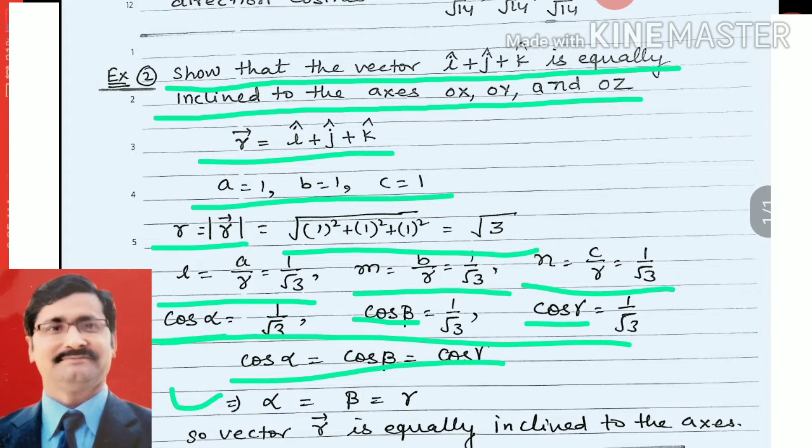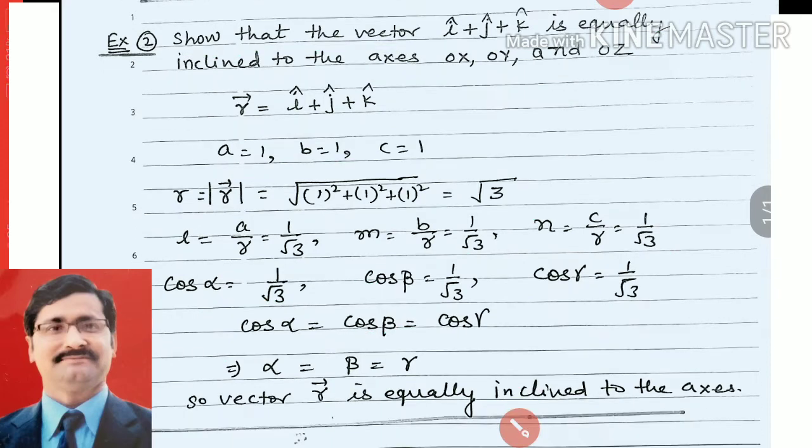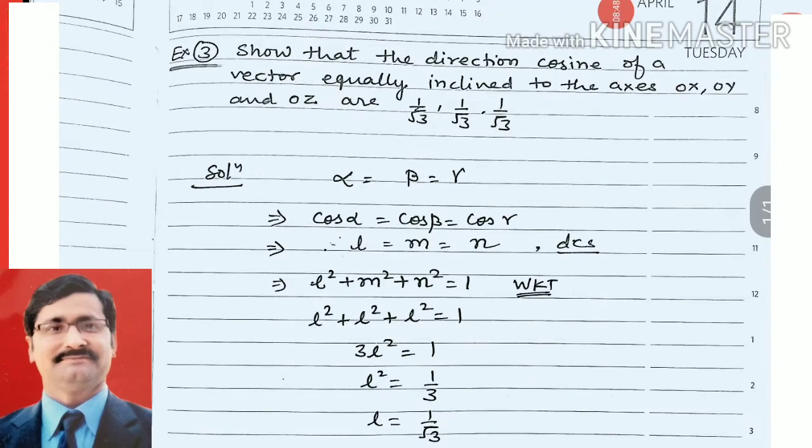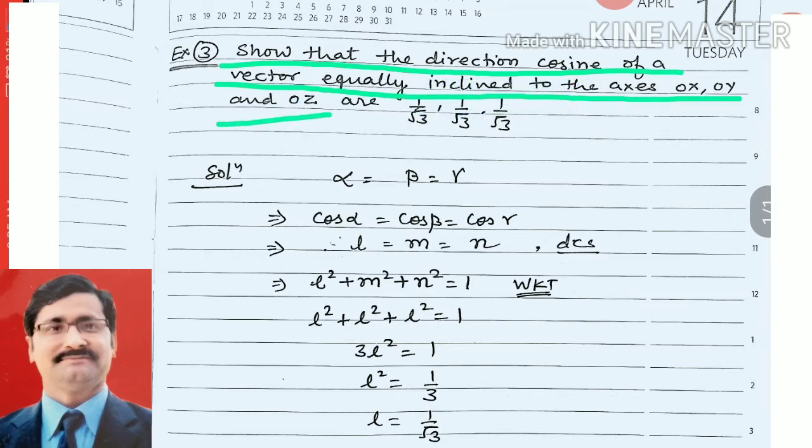It means this vector r is equally inclined to the axes, so the direction cosines of a vector equally inclined to the axes OX, OY, OZ are 1 upon root 3, 1 upon root 3 and 1 upon root 3.